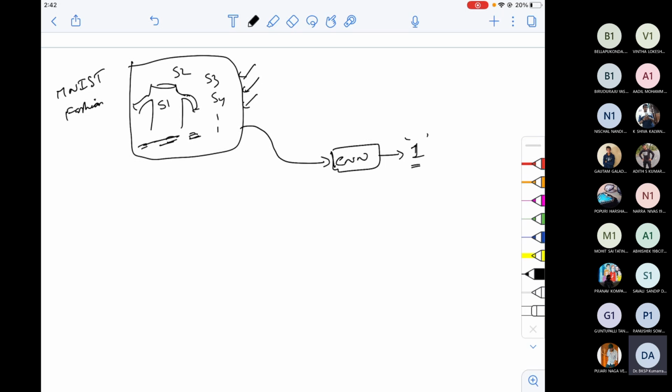I just want to know whether it is actually a genuine picture, an original shirt, or not. If it is a non-original shirt, then maybe what I do is I'll also generate some faked images. I generated some faked images.